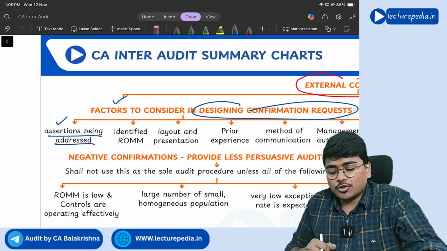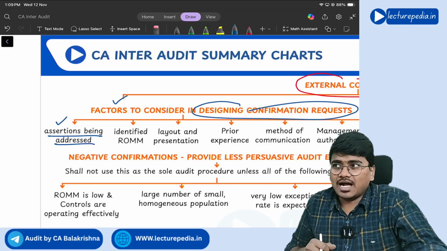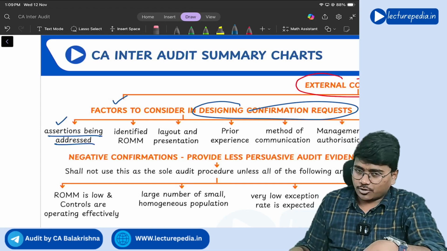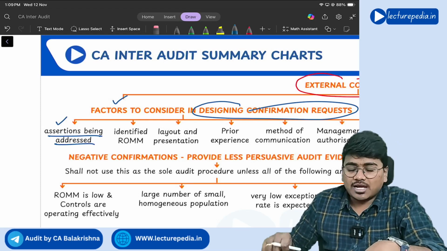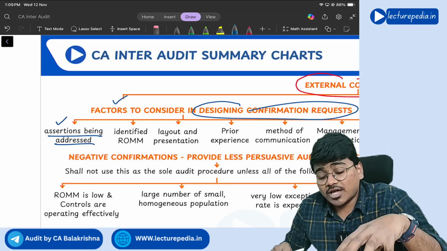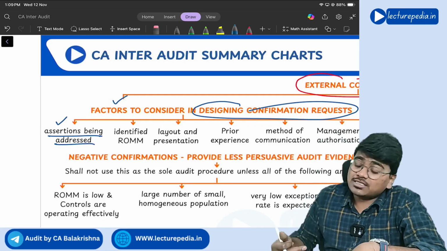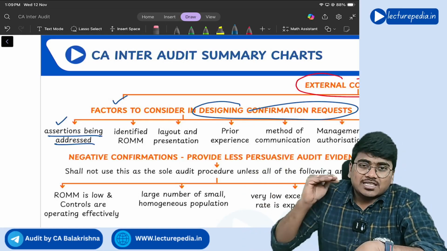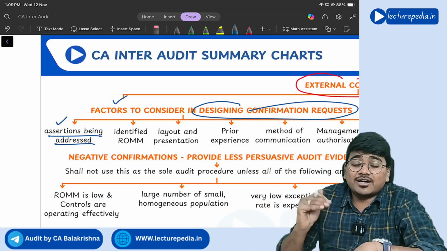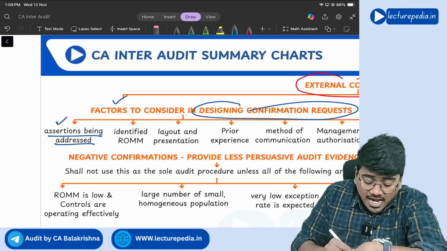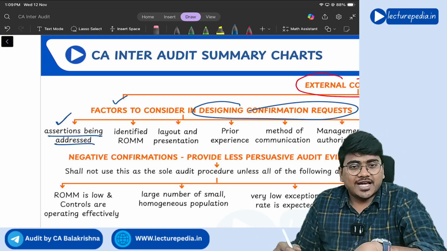If you are addressing the assertion of valuation, you will ask whether the amount is correct or not. If you are addressing the assertion of existence, then you will ask whether this is actually present with you or not. So the wording of the request will change based on the assertion being addressed, correct or not?